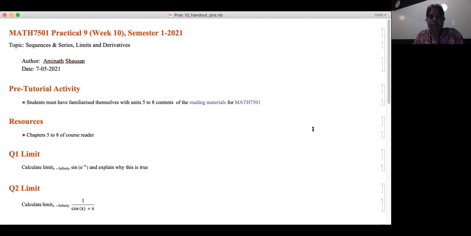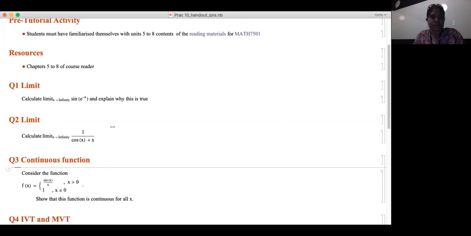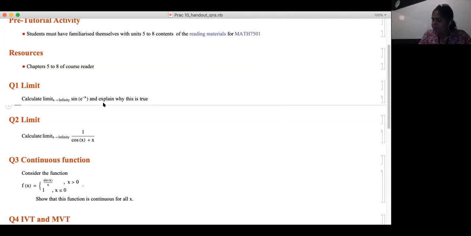Okay, how would you approach question 1? Use the concept of composite functions.